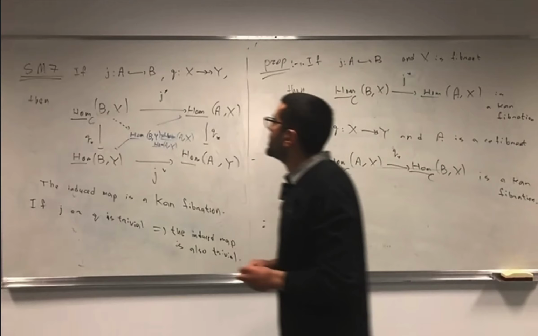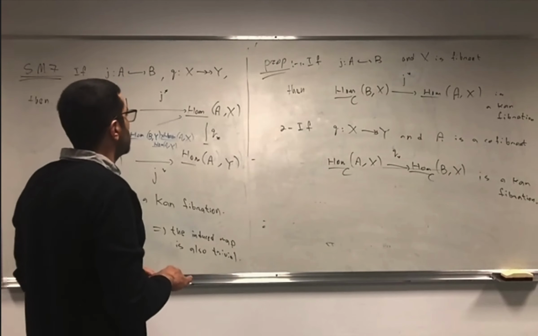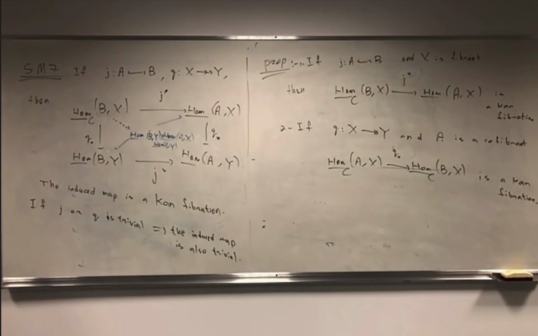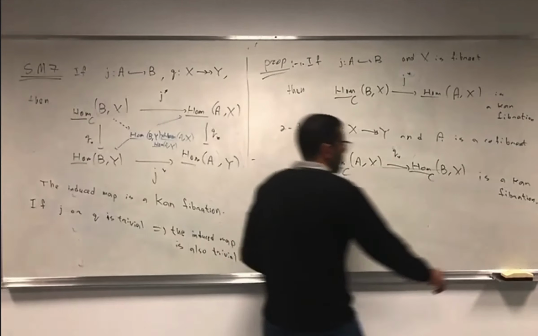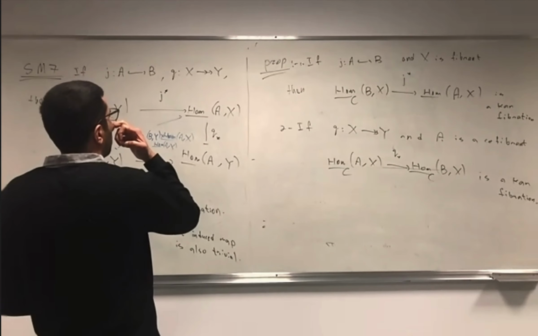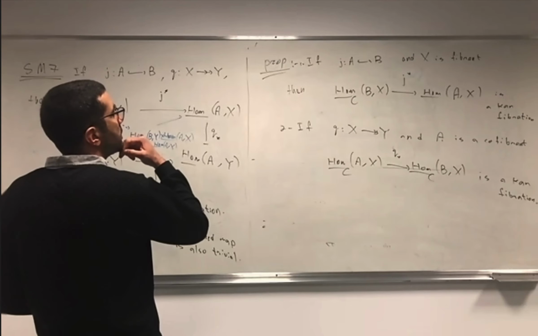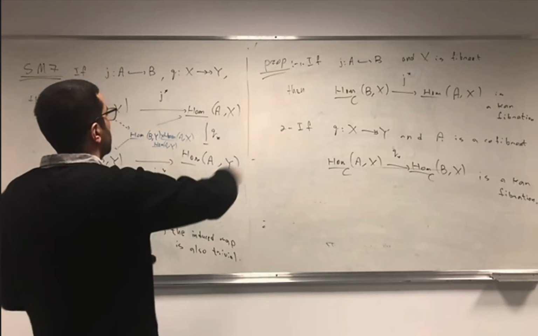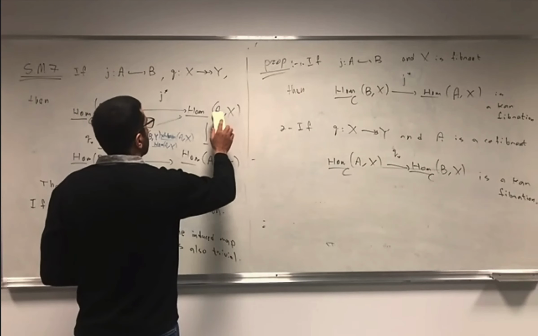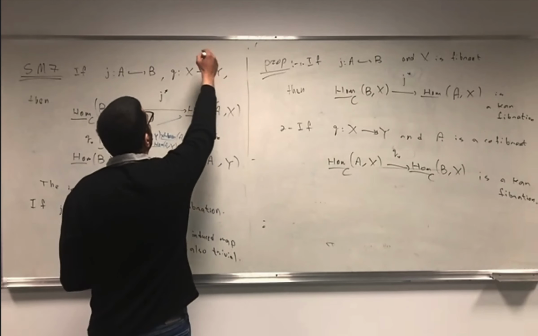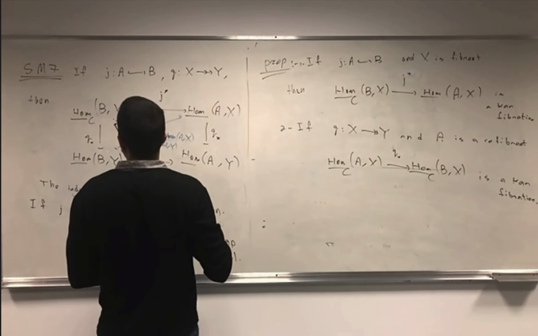Actually, why is it true? Because one can, okay, let's maybe put here which one I want to do. If we want this one, A is cofibrant, so we put here from A to B. I want B actually, but it's A. Okay, no problem.